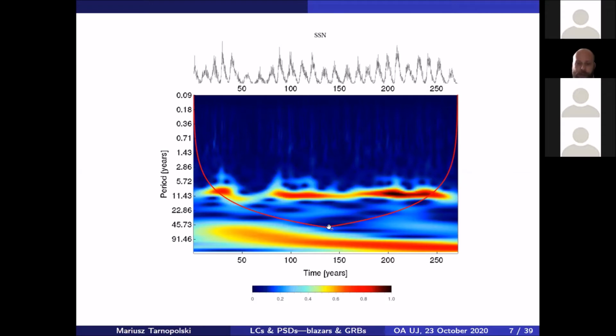And this red continuous line is the so-called cone of influence, which is actually the region below these lines. And it depicts the region where the finite length effects are significant, that is, the influence of the edges of the time series, so to speak. So this 100-year cycle is there, but one has to be very, very cautious when interpreting it because of the cone of influence. So a longer time series in this case would lower the cone of influence, so one could then get a significant estimate of this 100-year cycle.